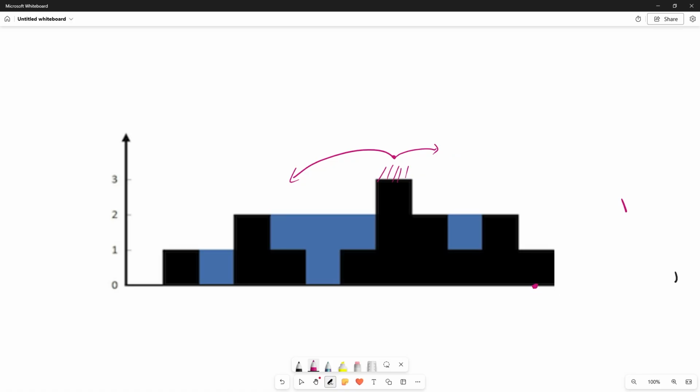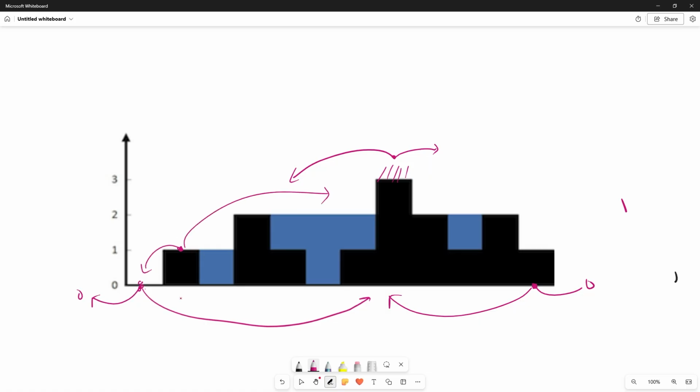So at this position the maximum height bar toward the left is this one, and toward the right will be 0. At this position the maximum height bar toward the left will be 0 and toward the right will be this one. So we will not consider the index itself. At this position the maximum height bar toward the left is 0 and toward the right is this one, so we will not consider the index itself.